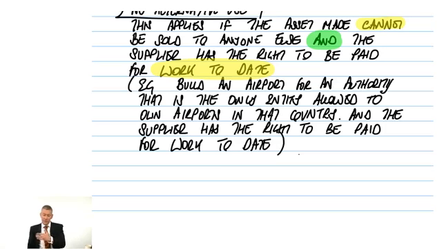So if I just play around with the bottom here, the entity builds an airport for an authority that is the only entity allowed to own airports in the country, but the supplier does not have the right to be paid for work to date. If that was the case, then you couldn't use the no alternative use model.